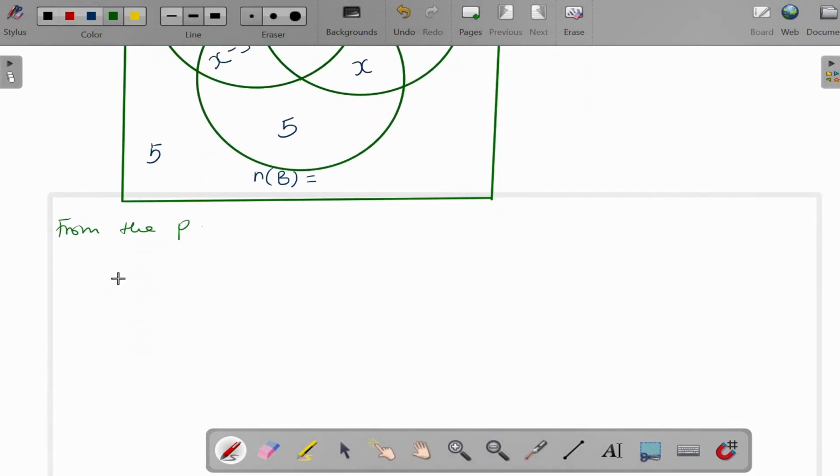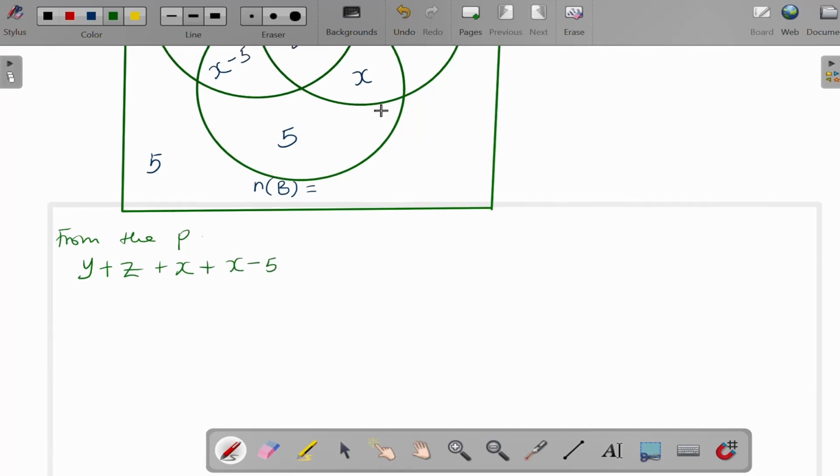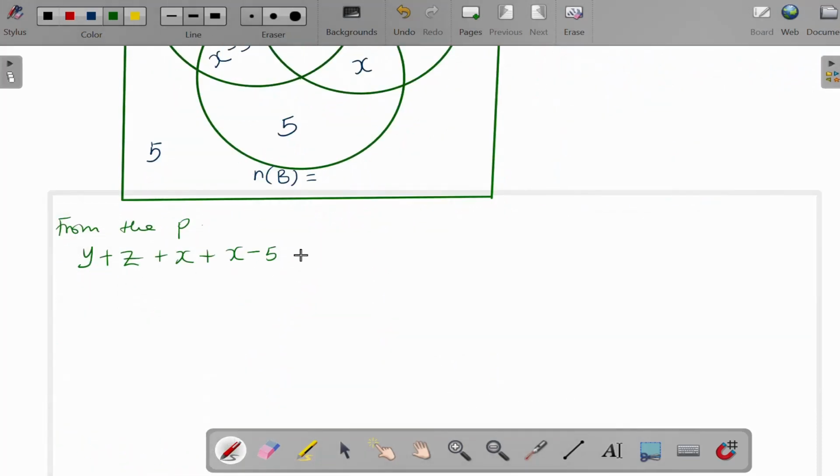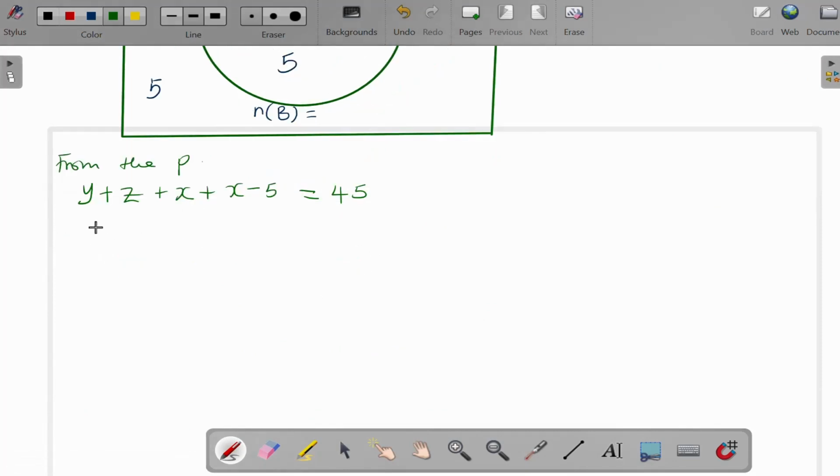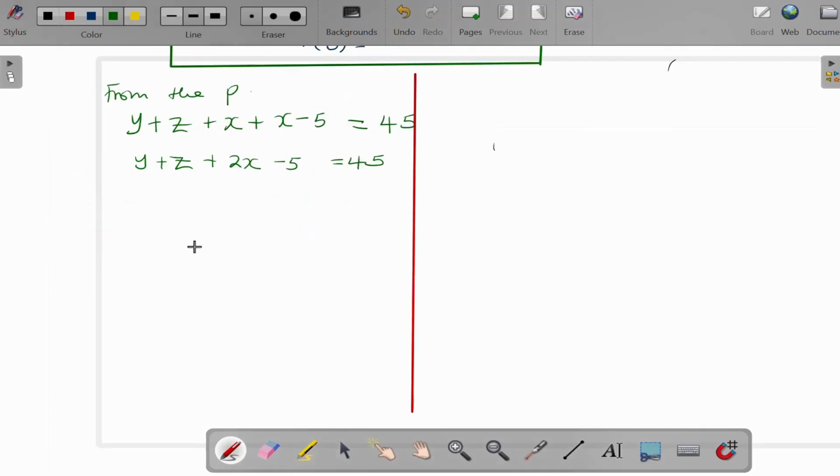We are going to say that Y plus Z plus X, then plus X minus 5, should be equal to 45. Then let's simplify this equation. We are having Y plus Z plus, this is now 2X minus 5 equals to 45.